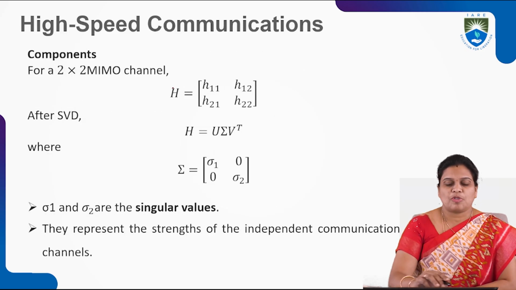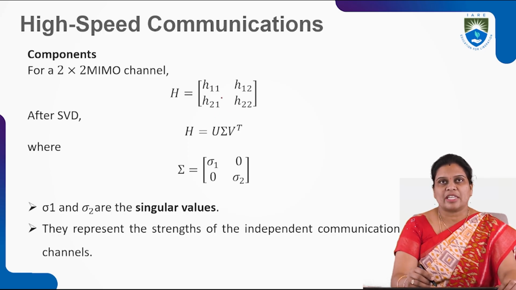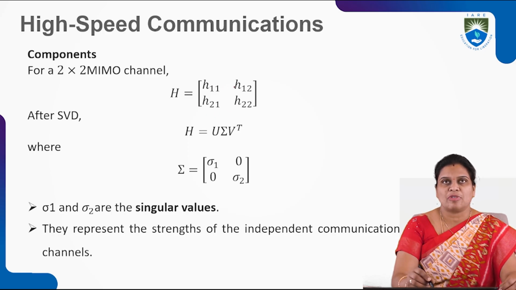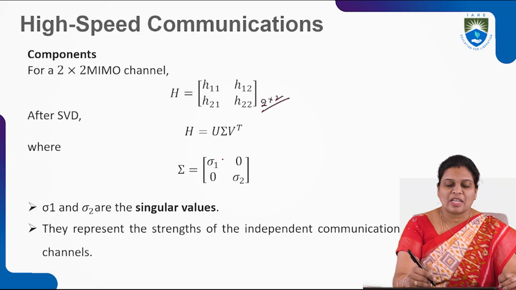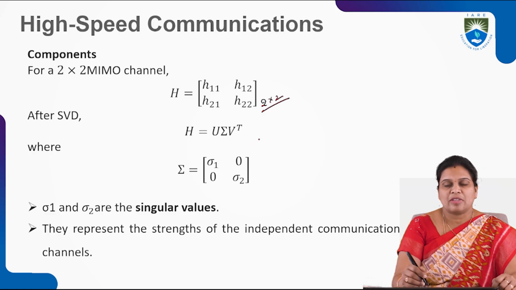Here we are taking the 2 by 2 MIMO channel, that means multiple inputs and multiple outputs. Let us take, for example, H equal to H11, H12. Take the 2 by 2 matrix. Before solving the problem, let us see what the components are and how we take the U and V values. So let us assume H equal to H11, H12, H21 and H22.